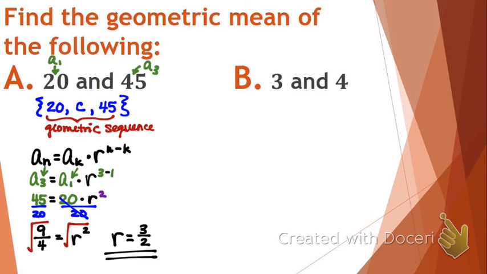I want to find the third term in this sequence. So C is equal to the term that comes before it, 20, multiplied by our common ratio. What'd you say? 30.